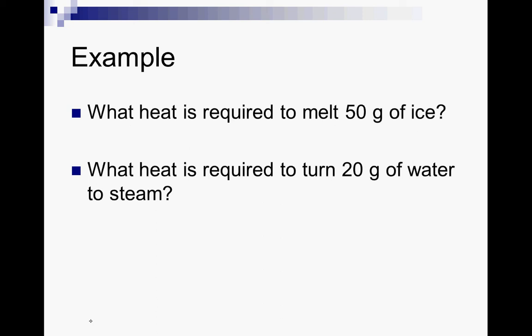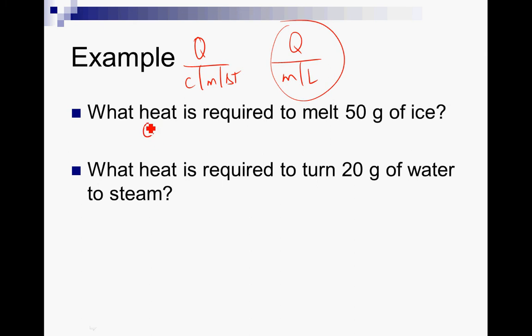So let's look at an example. What heat is required to melt 50 grams of ice? My 2 working formulas are Q equals cm delta T and Q equals mL. Since I'm not changing temperature because I am melting ice, I want the latent heat formula, Q equals m times L. So how much Q is required to melt 50 grams of ice?